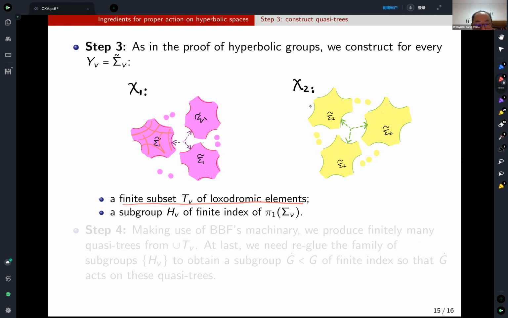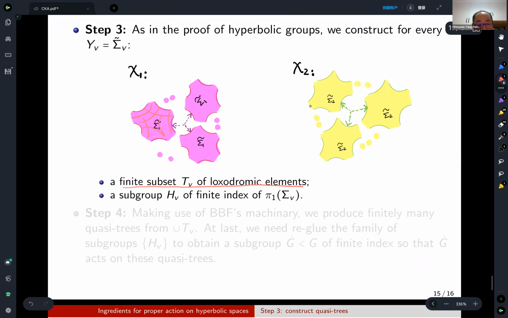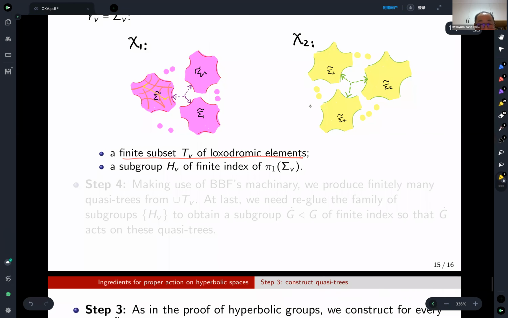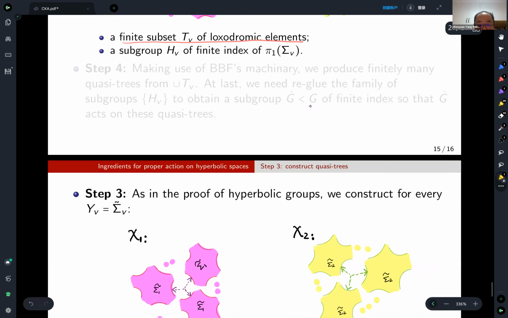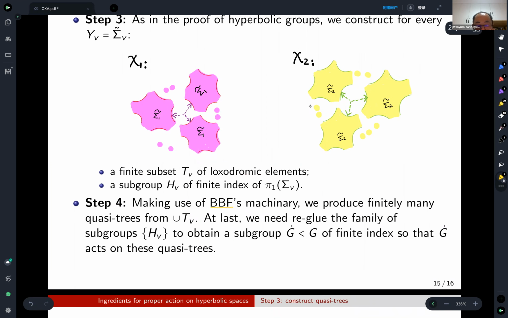Then we can construct this finite set of loxodromic elements such that any two points can be approximated by these quasi-lines. So you can recover the distance from each hyperbolic surface. Then you use the Bestvina-Bromberg-Fujiwara projection complex.